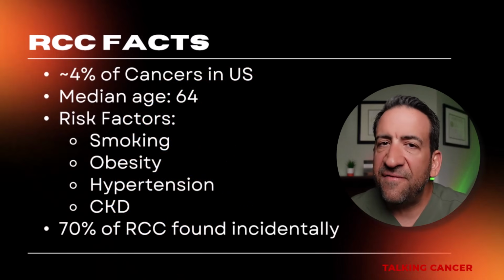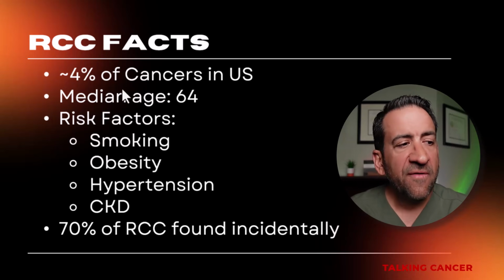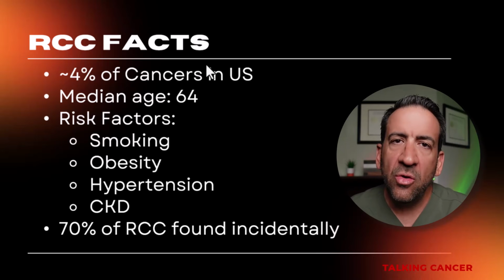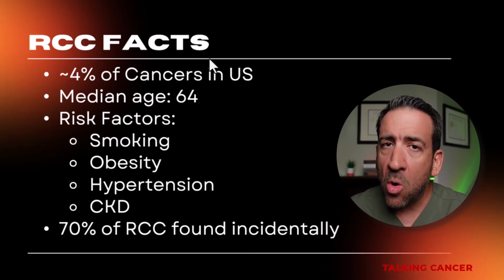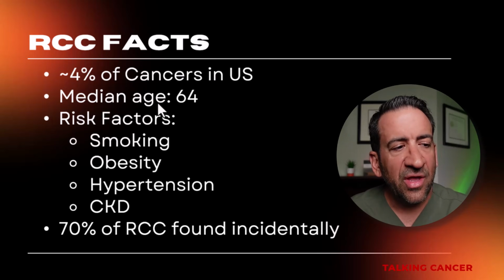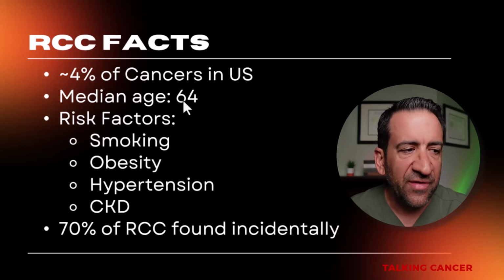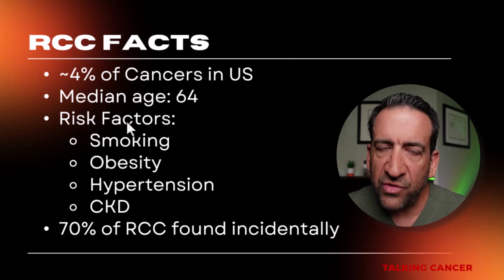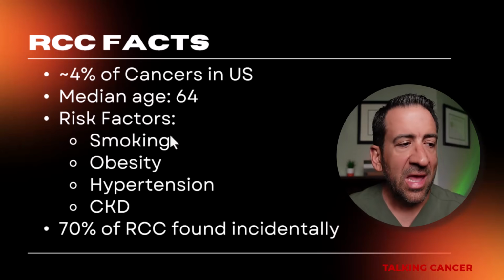So now some basic facts about kidney cancer. First of all, kidney cancers are about 4% of all cancers in the US. I can tell you, unfortunately, I am seeing more and more kidney cancer as time goes on. The median age is around 64 years of age, and risk factors, in other words, things that can predispose you to developing kidney cancer, is smoking.